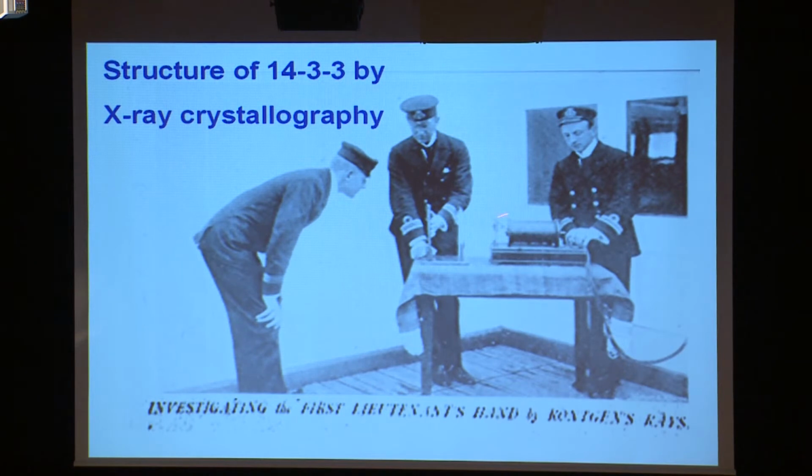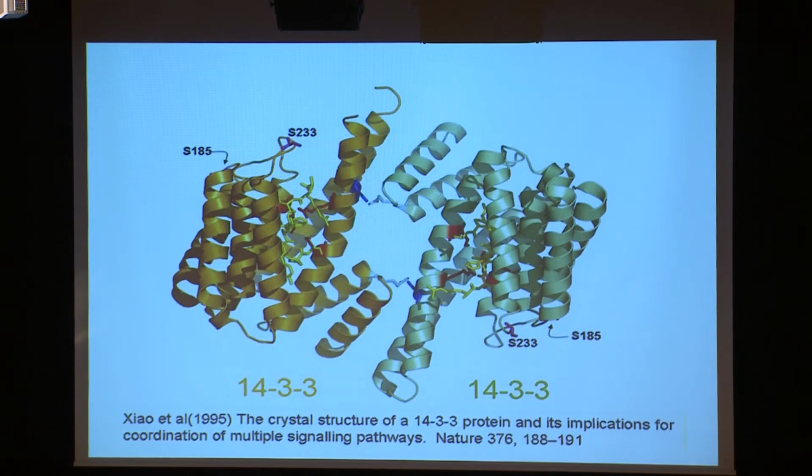And here's a primitive X-ray generator which shines X-rays through a hand, and his colleague is looking straight into the X-ray beam. So what's going to happen to his eyesight in a very short time, I don't know. But we had much better facilities than these, and that enabled us to determine the structure of 14-3-3 protein.